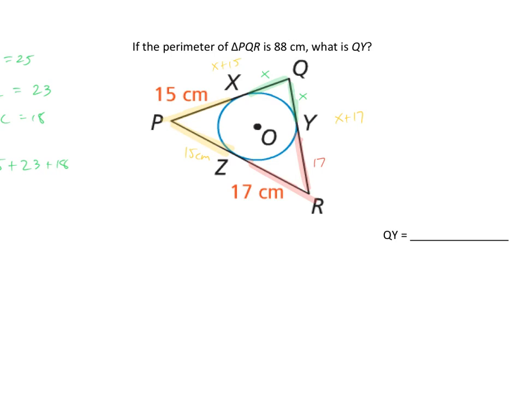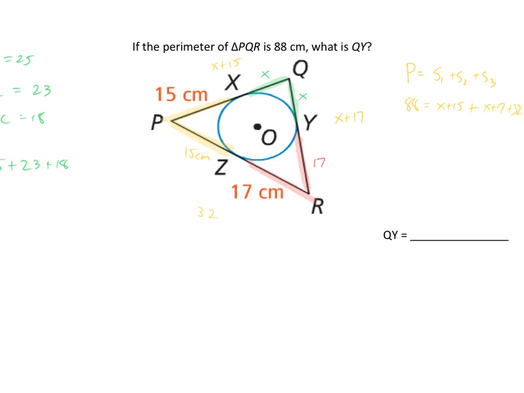And our third side is 32. So we're just going to write an equation. The perimeter is equal to side 1 plus side 2 plus side 3. So 88 is equal to x plus 15 plus x plus 17 plus 32.